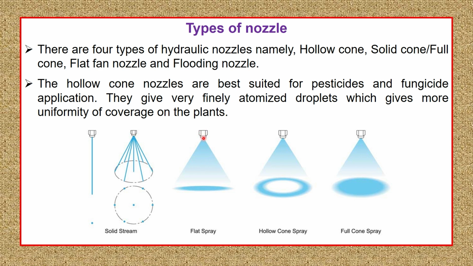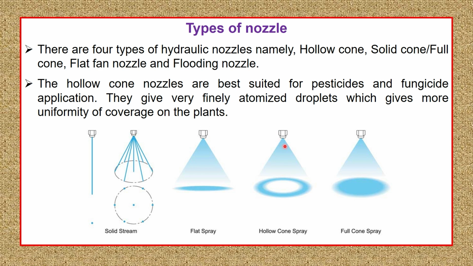And as they come out of the nozzles, they form a cone. As you can see, they are forming a cone. So when they fall over the ground, if they leave a flat footprint, a wet surface area, such nozzles are called flat fan nozzles or flat spray nozzles.